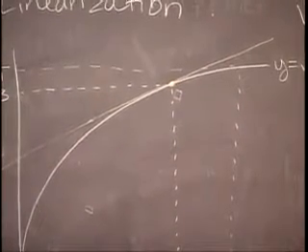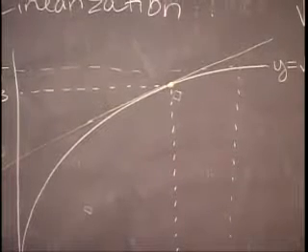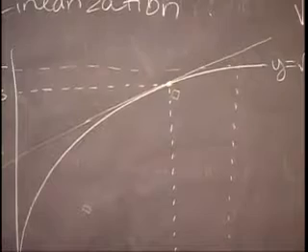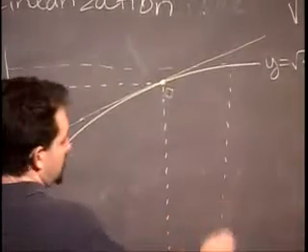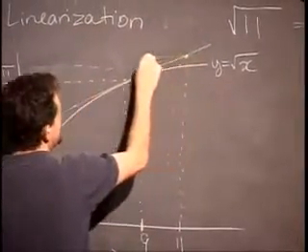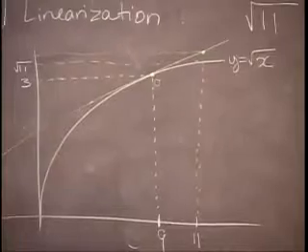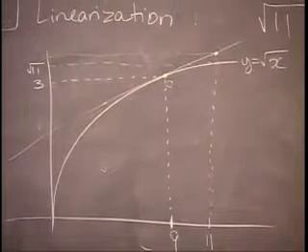I'm drawing the tangent there because I kind of know what's going on at 9. Square root is nice there. Suppose I plug in 11 to this tangent line. I get that height. I didn't draw this to scale.